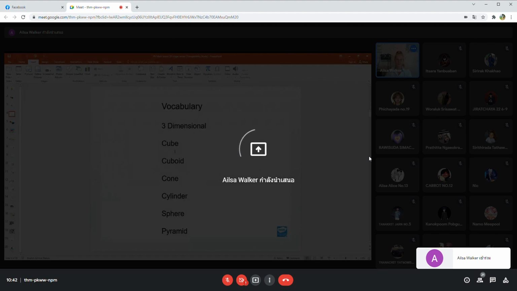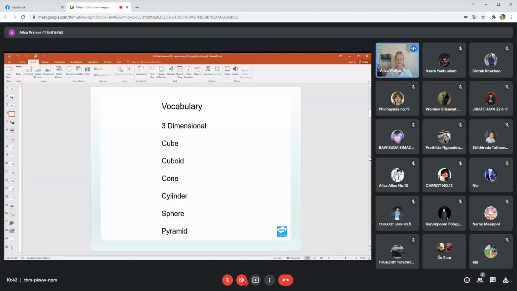So let's take a look at our vocabulary. First word, 3-dimensional. It means it has height, width, and depth. What is the next word, please? Cube. Very good.